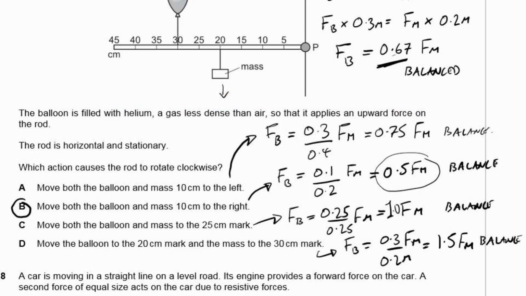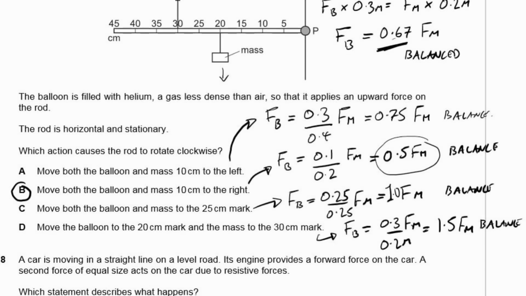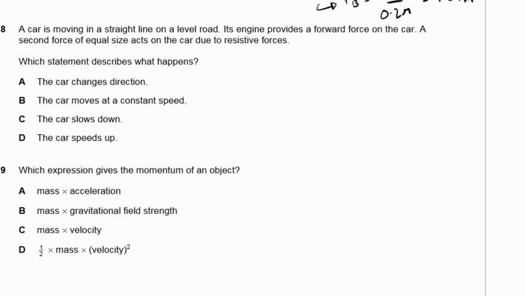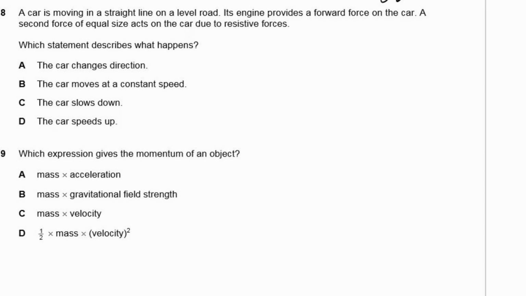Now I would have to say that's probably one of the trickiest questions I've seen in a multiple choice in the IGCSE. That's a tricky question to do. And you have to be quite careful when you do these questions. Let's move on to 8. Never spend too long. What I always advise my students to do is go through it, do the easy questions first.